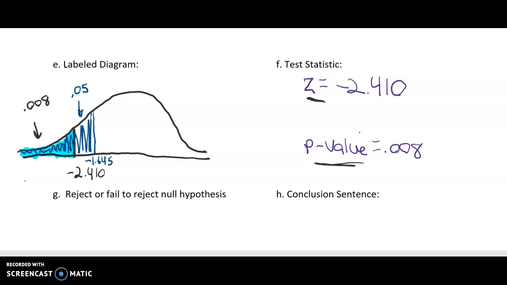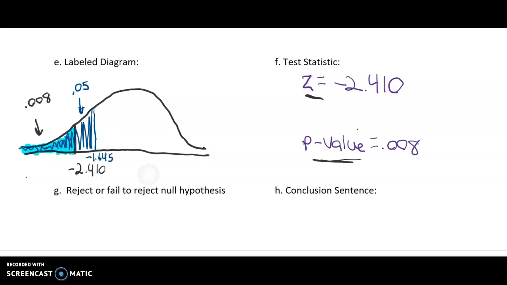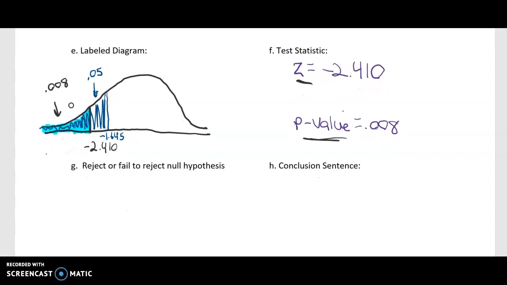Now we can choose to reject or fail to reject our null hypothesis. I'll show you using critical value method and using the p-value method, but remember, you don't have to do both. You can choose one or the other. I'm showing you both for learning purposes. So with our critical value or CV method, we're comparing our test statistic to where our critical value is. Our critical value is at negative 1.645, and it's a left tail test, so anything that is after that value is in our reject region.